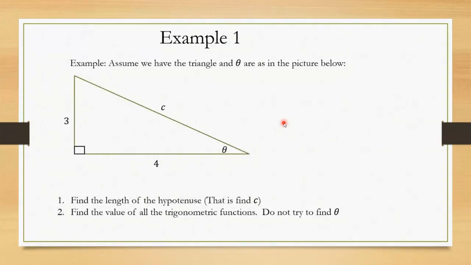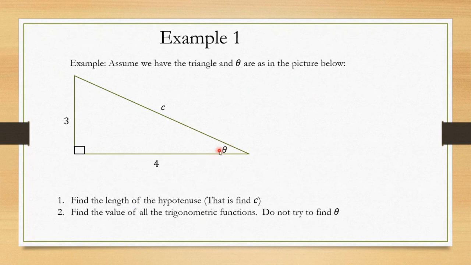So now we're going to solve these kinds of problems. Let's suppose we have a right triangle, like so. We know 2 of the sides, as you can see. And let theta be as here. We don't know what theta is, but it's another angle.